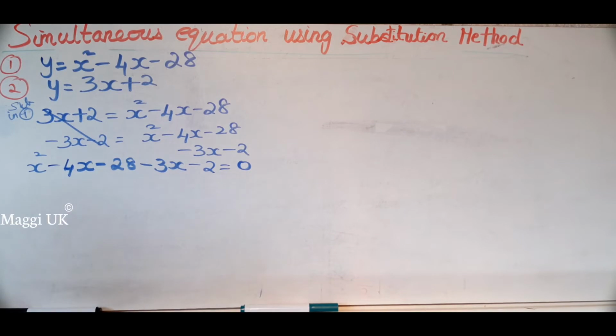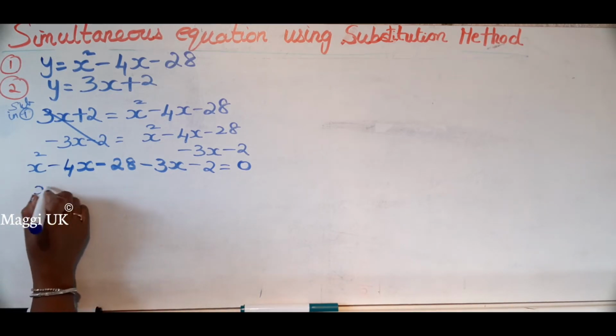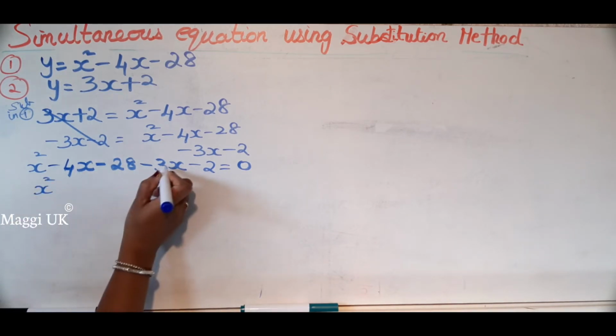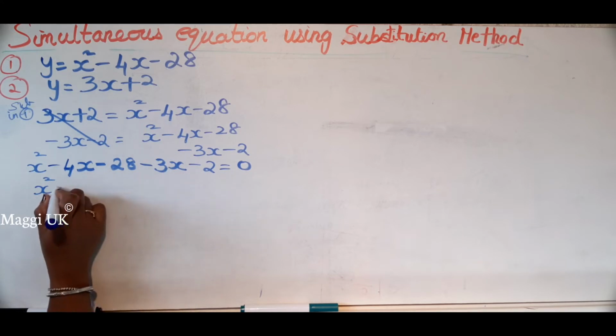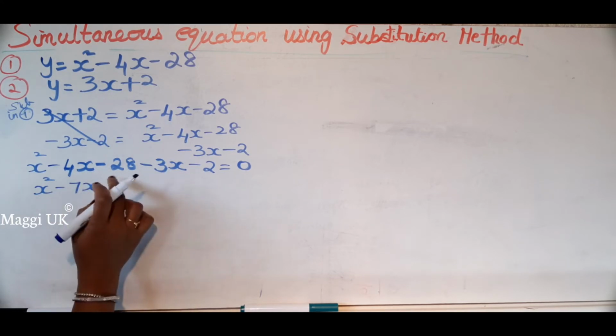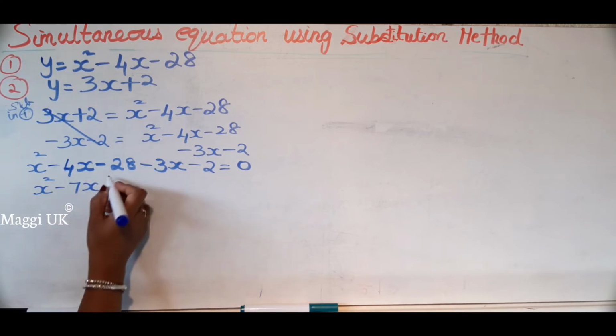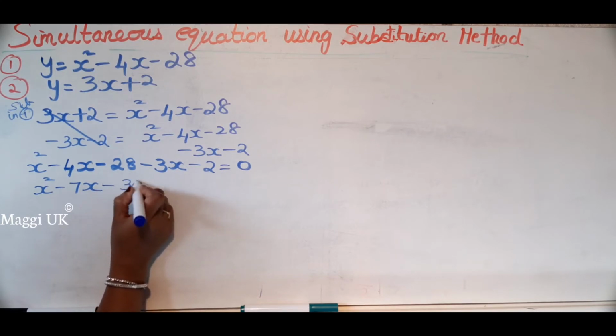Then you simplify it: x squared minus 7x, since minus 4x minus 3x is minus 7x, and then minus 30 equals 0.